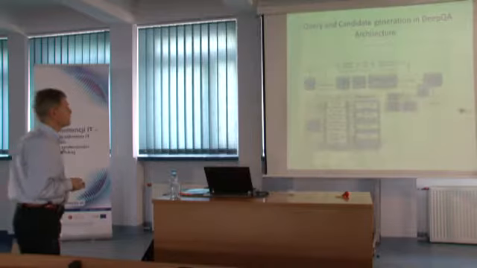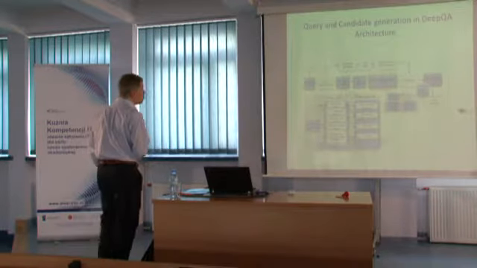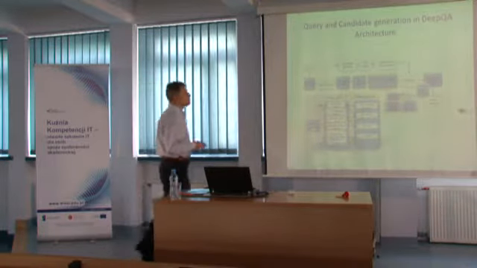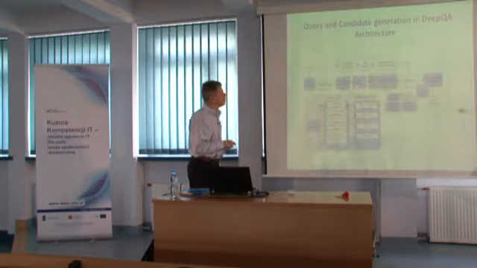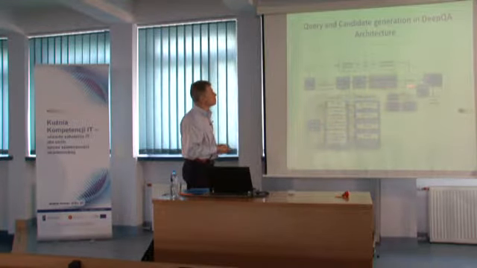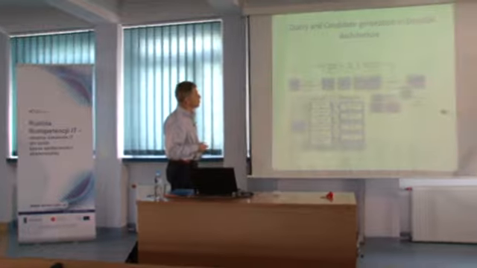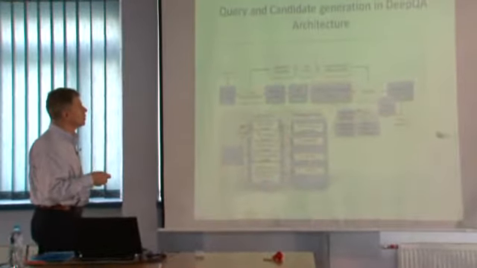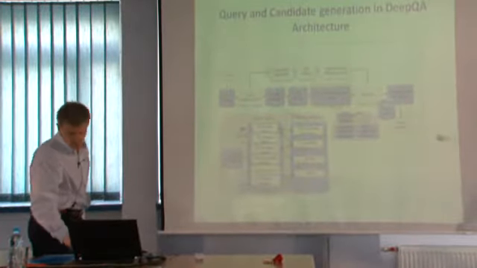So let's see how these processes work, okay? So once these candidates are generated, then of course some other stuff happens, and eventually the candidates are scored and the answer is produced. Right now we're going to focus on this part.